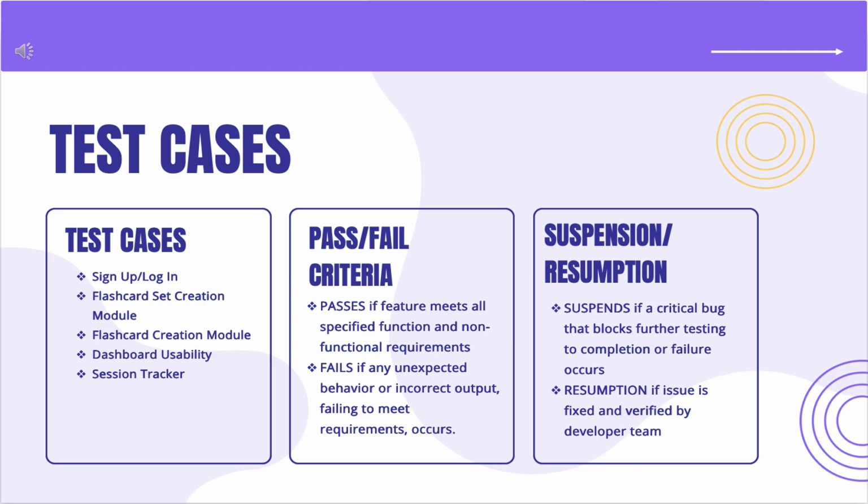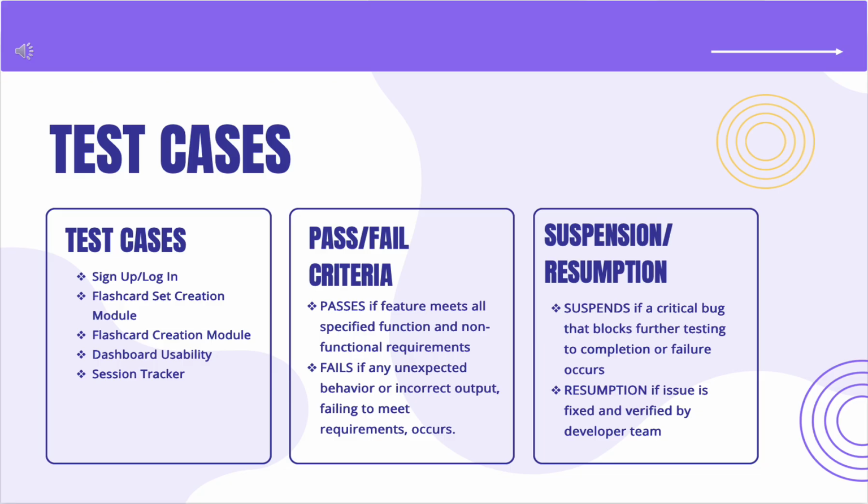For our test cases, they each tackle a previously mentioned module and feature, being sign-up/login, flashcard set and flashcard creation, dashboard usability, and a session tracker. For the pass and fail criteria for each test case, if the feature being tested met all specified functional and non-functional requirements, then it would pass.